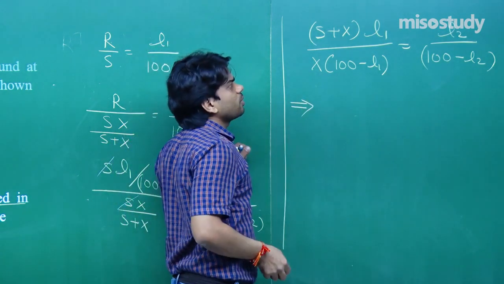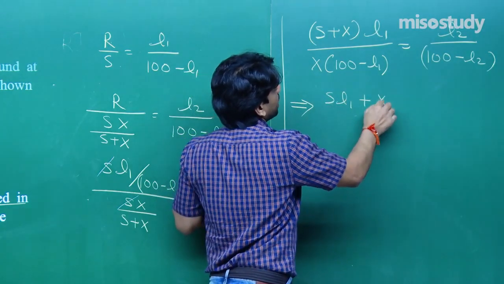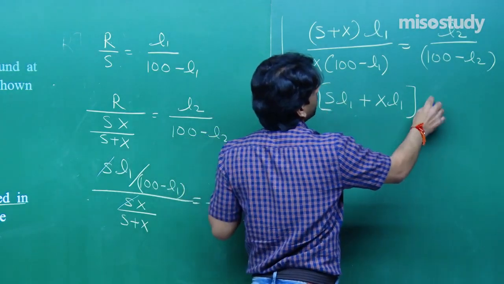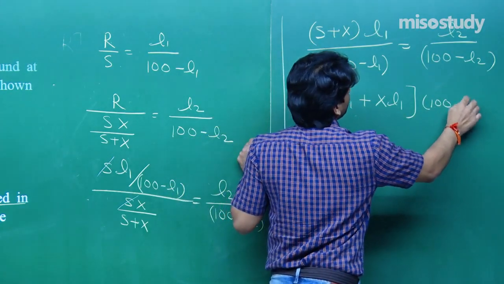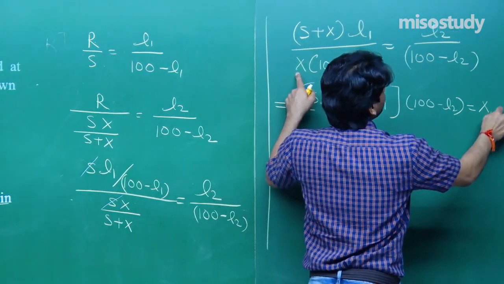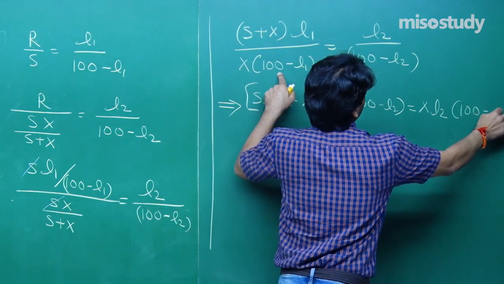So it's just the calculation part that has been left. So S into L1 plus x into L1, and this term can be multiplied with 100 minus L2, is equal to x into L2 multiplied with 100 minus L1.